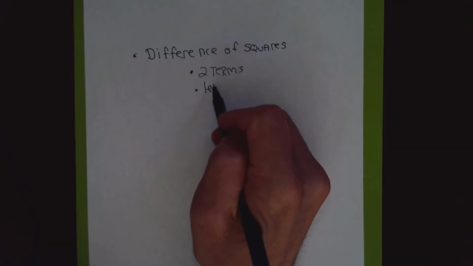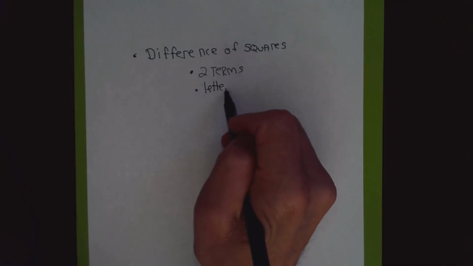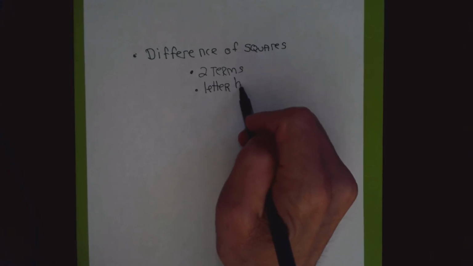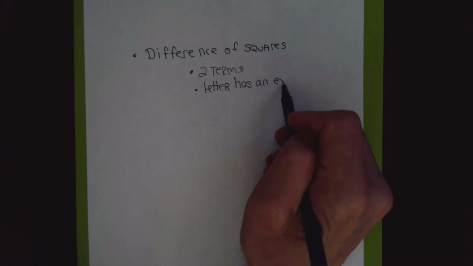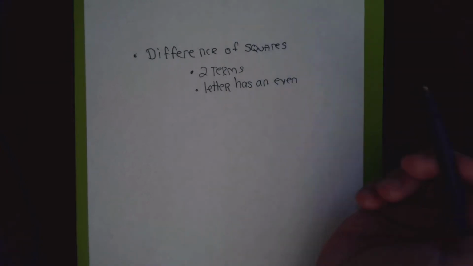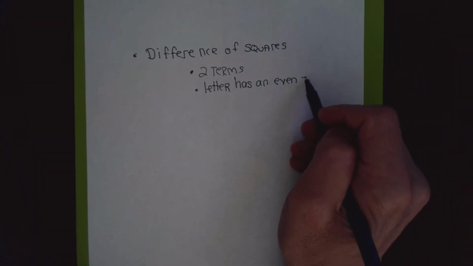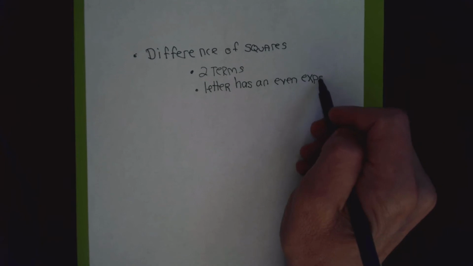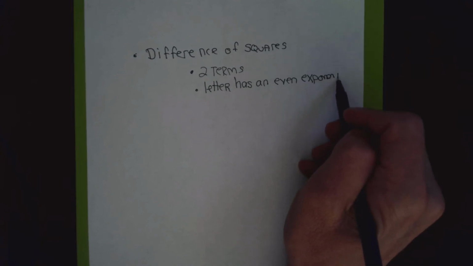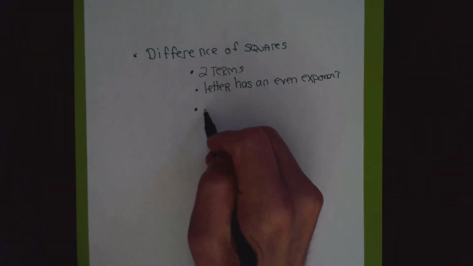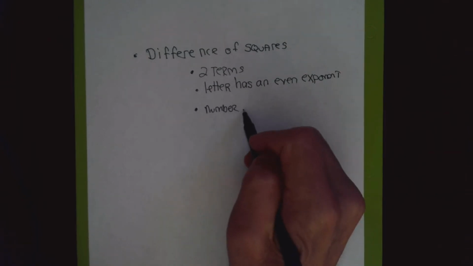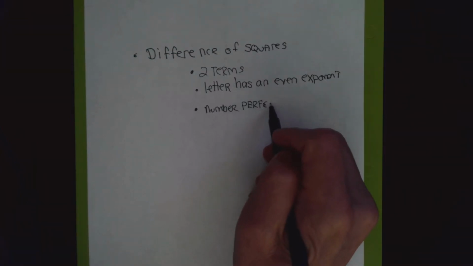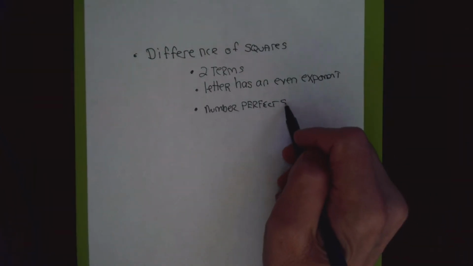Any letter or variable, which might be a nicer name, has an even exponent. Even numbers are 2, 4, 6, 8, 12, 14, and so forth. And any number is a perfect square, meaning I can take its square root and it comes out to an integer.